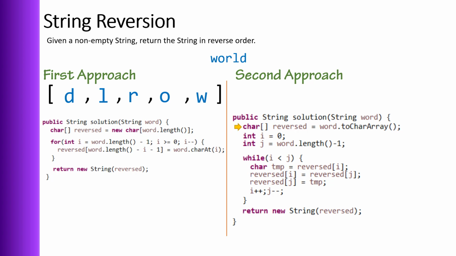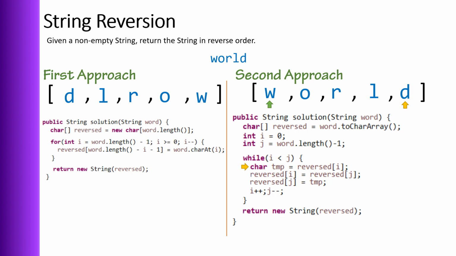For our second approach, it would be as follows. We would have our array as well of the same size as the length of the string, and then initialize it with the value of the word. We would have a left cursor and the right cursor, and then we will loop until those two cursors meet.